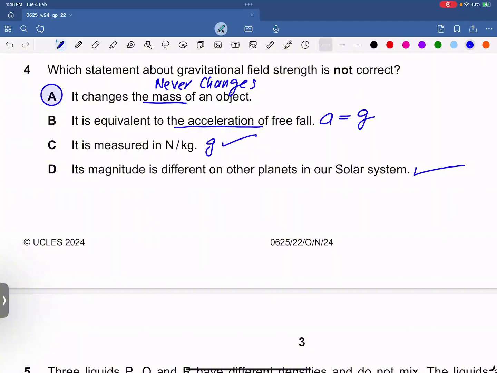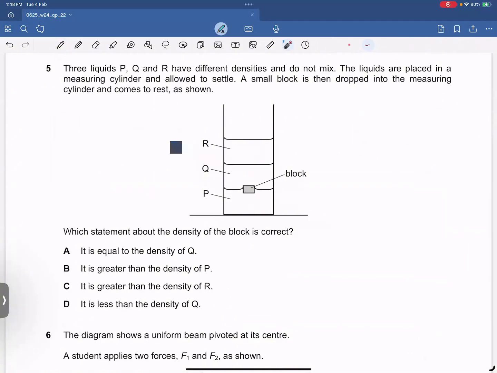Move to question number 5, my dear students. Three liquids P, Q, R have different densities and do not mix. The liquids are placed in a measuring cylinder and allowed to settle. A small block is then dropped in the measuring cylinder and comes to rest. First of all, decide the order of their densities.